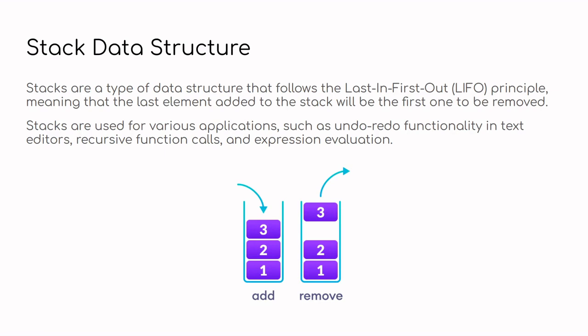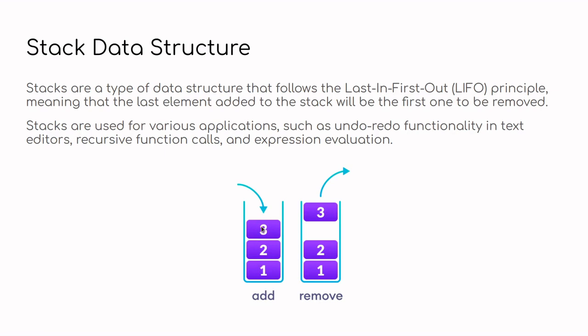Stack data structures. Stack data structures follow the last in, first out principle, which means the last element added to the stack will be removed first. So here in an example, 1 is added to the stack first, then 2, then 3.